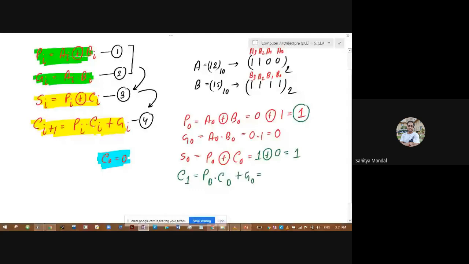Out of them I know P0 is 1. What is C0? I know that it is 0. What is G0? Already computed, that is 0. So 0 or 0, the result will be 0. So in the first step we calculated S0 equals 1, and also calculated the next carry for the next full adder, that is C1.